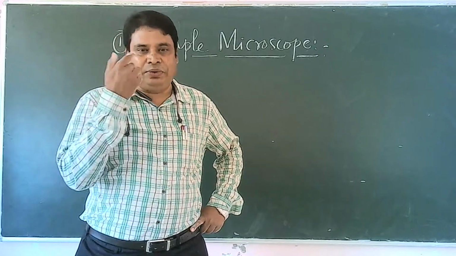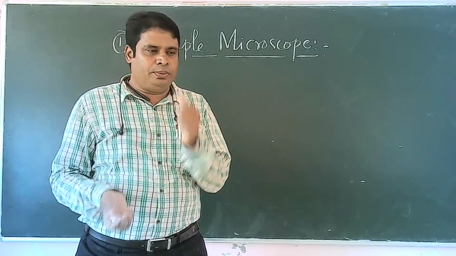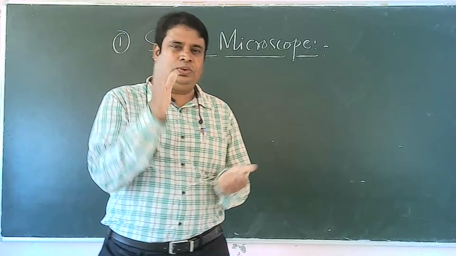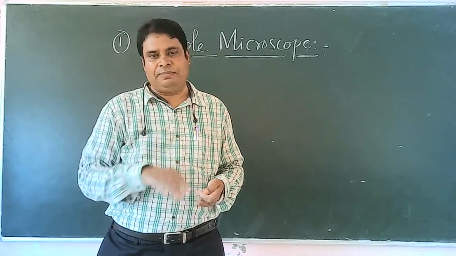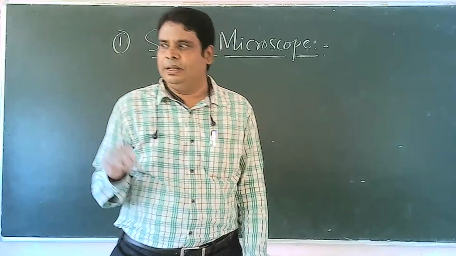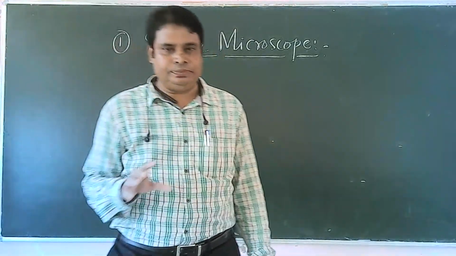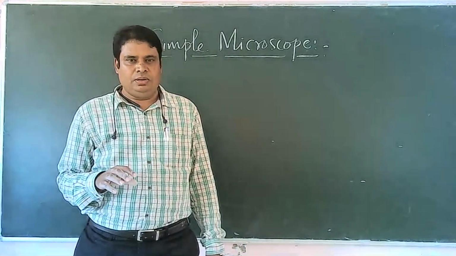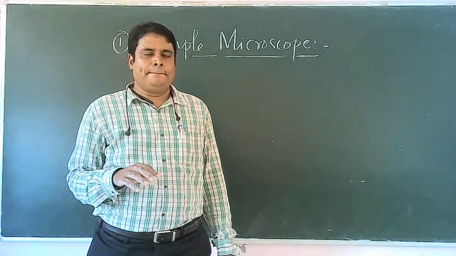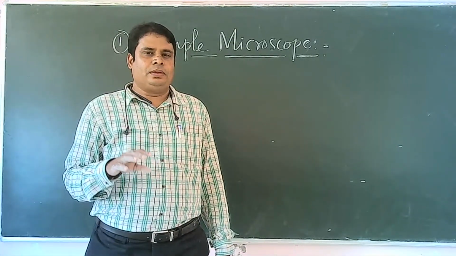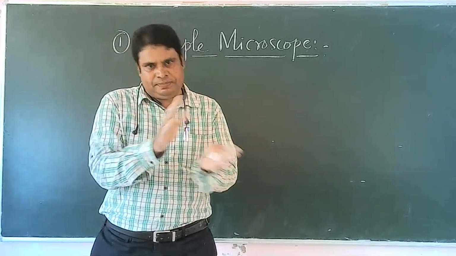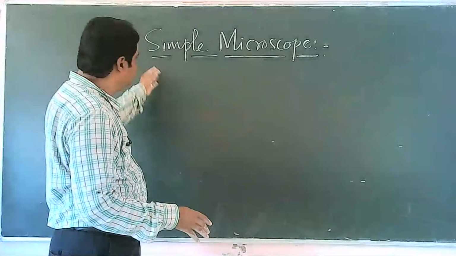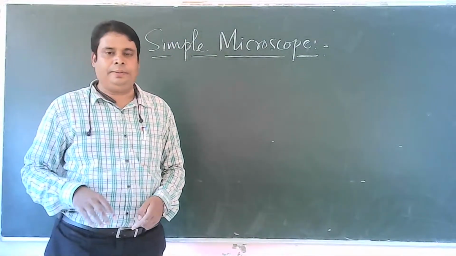All those things related to the eye. Actually, that concept was taken away from the chapter. We are not supposed to teach you those portions. So we'll just leave that concept and let's move on to this chapter. Simple microscope.